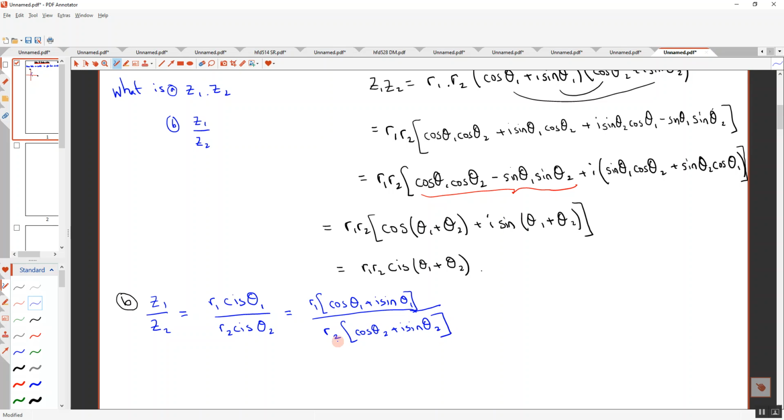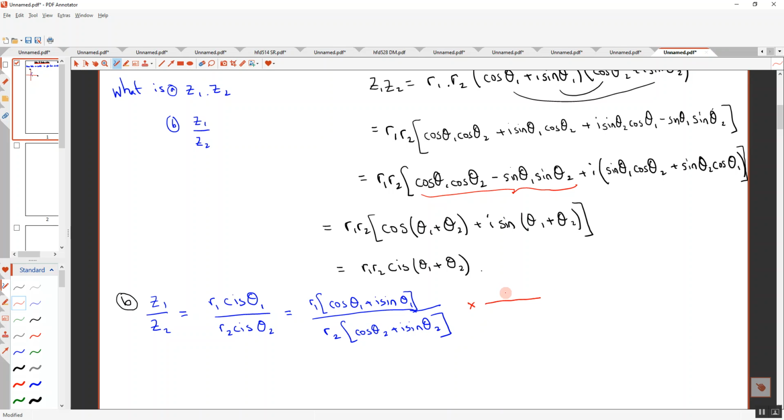How do you get rid of them? Multiply top and bottom by the conjugate of what's on the bottom. Yep, and that'll get rid of the i's on the bottom.